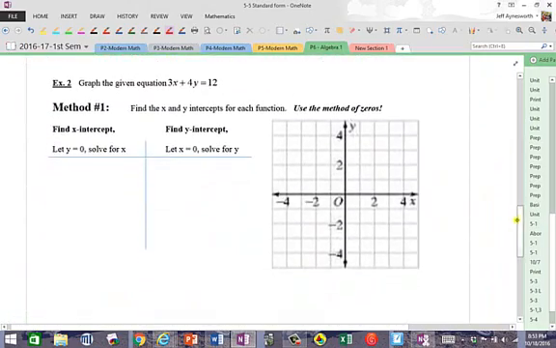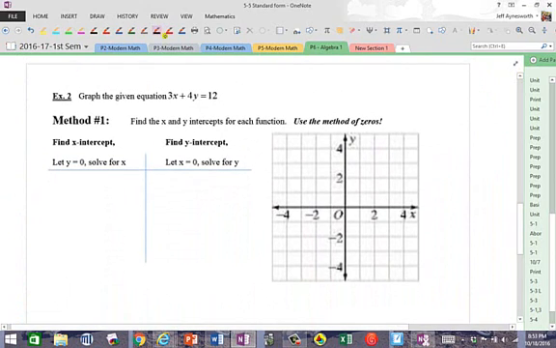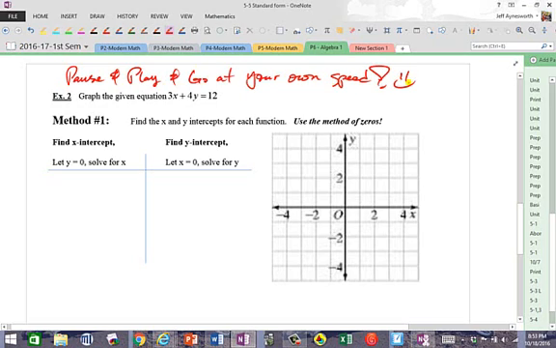Now on this part right here, in example 2, I want you to pause and play again and go at your own speed. That way you can understand things better. So if you think you know what to do, then pause the video right now, try it, and then when you're ready, press play and review it and see if you're right. That's what I would do anyways.